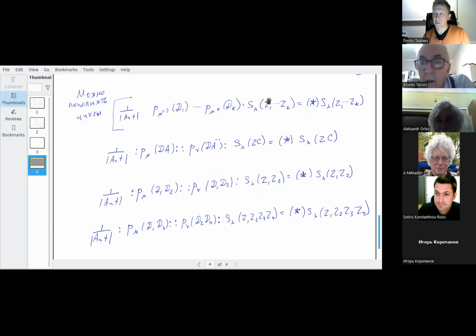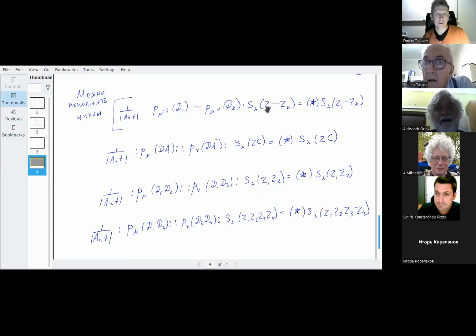If we have an n by n matrix, we have n independent Newton sums. The first three, for example, may be treated as high times of the Guldon-Jackson equation. What is high time? Sasha means the other times of the hierarchy.